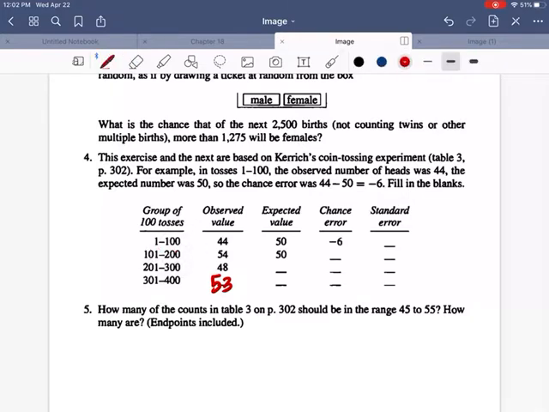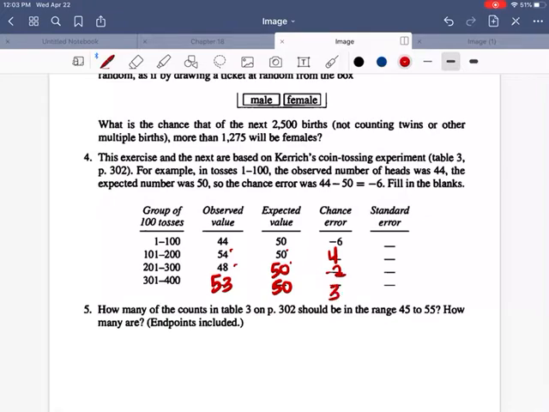So we would expect 50 of the 100 to be heads. So the chance error is the difference between what we expected versus what we got. We got 4 above what we expected, from 54 to 50, 2 below, and 3 above.